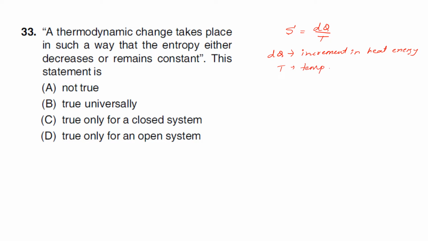Also, the entropy change dS is 0 for a reversible process and it is positive for all irreversible processes. Therefore the entropy change may be either 0 or it may increase, but here in this statement it is mentioned that entropy either decreases or remains constant. That is not true.